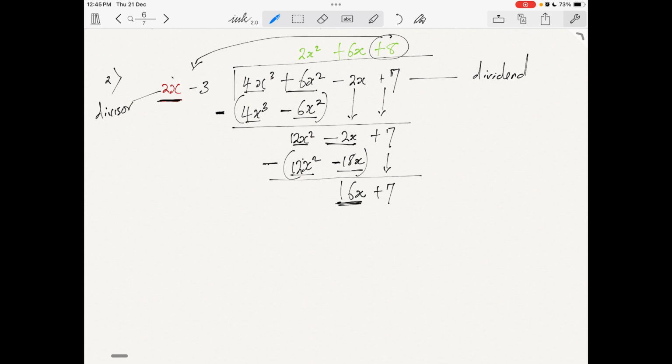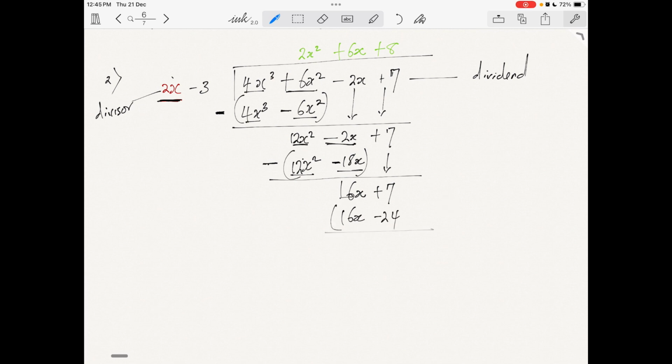So that gives us 8 multiplied by 2x, that's 16x, and 8 multiplied by minus 3 will give us minus 24.